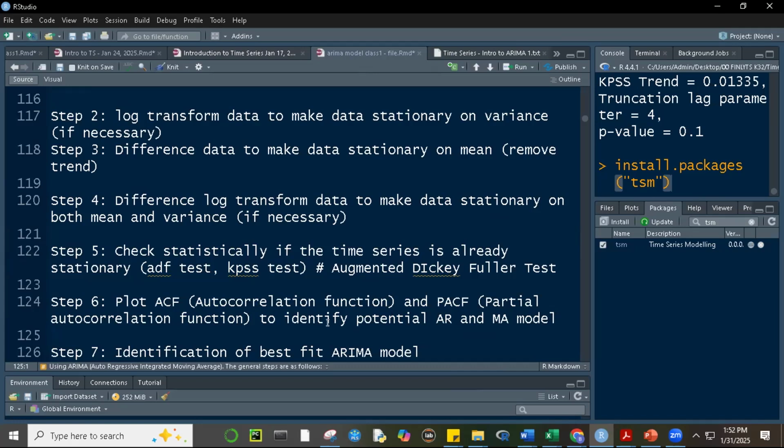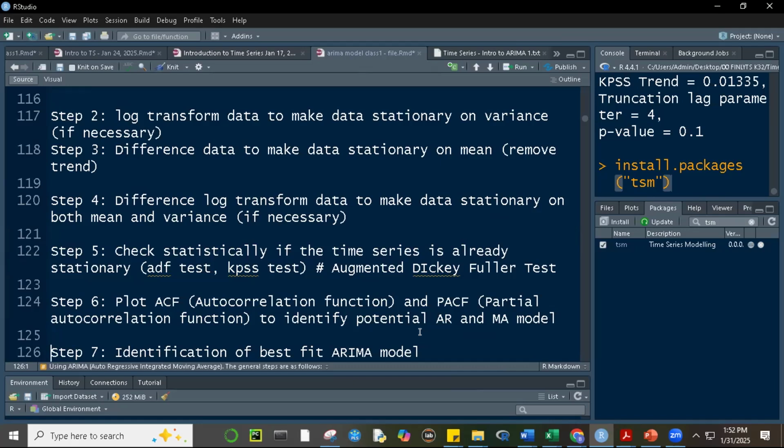You have to plot the autocorrelation ACF function and the PACF function. Now, mind you, this is not easy. If you're going to do this manually, I'll explain how this is done manually, and it's very, very laborious.